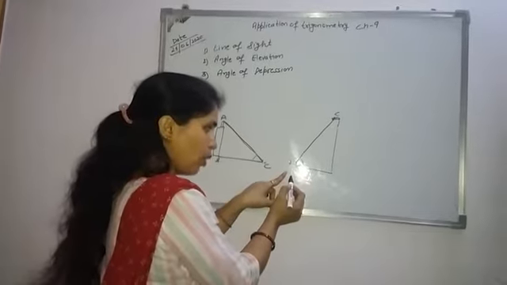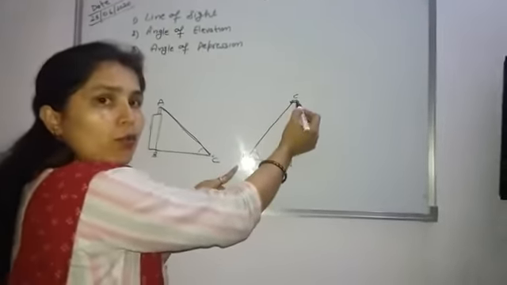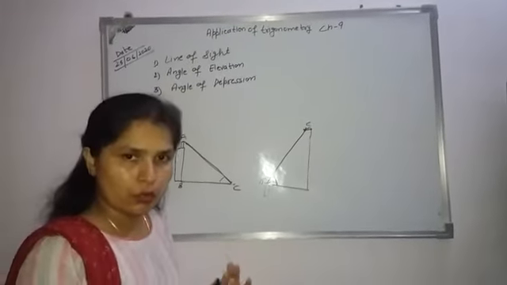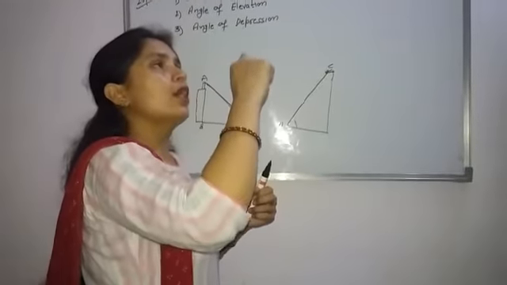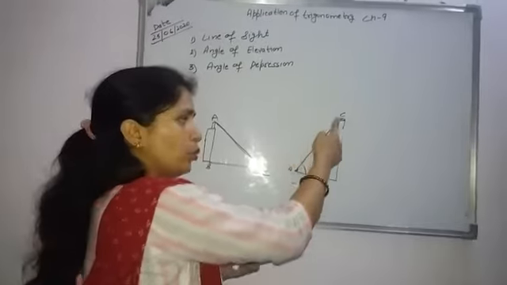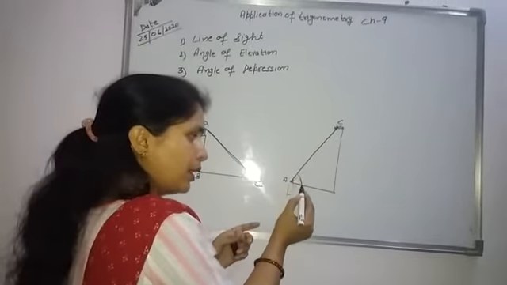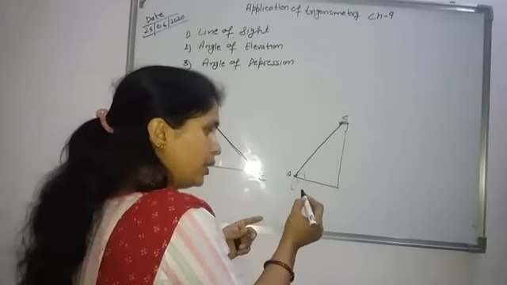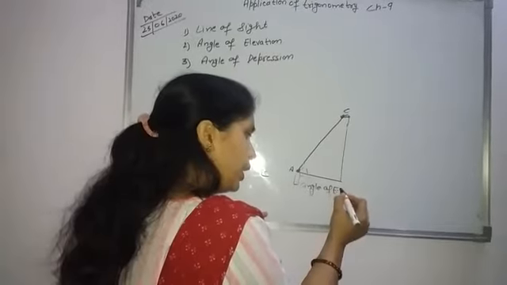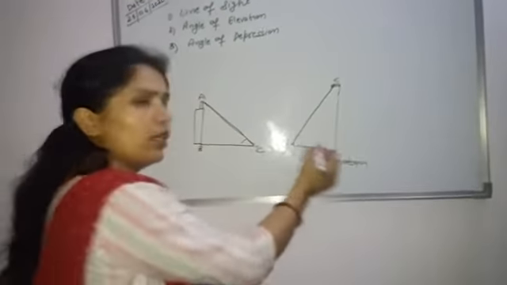If suppose a boy is standing here and he wants to look at something on the top of the building or top of the minar, anything else which is given to us, when our head is up, there is a line of sight. So between the line of sight and the horizontal line, there is some angle. This angle is the angle of elevation. Okay. So this is the meaning of angle of elevation.